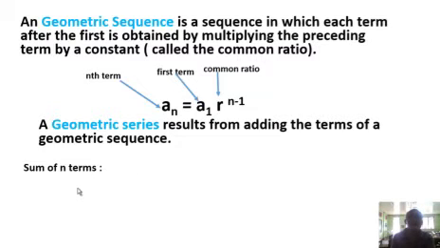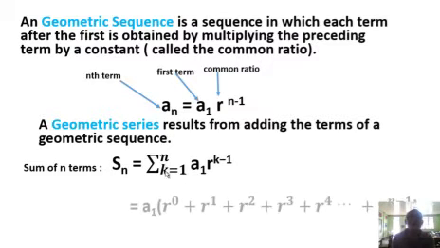The sum of n terms of a geometric series, S sub n, is equal to the summation of a sub 1 times r to the k minus 1, as k starts from 1 up to n.